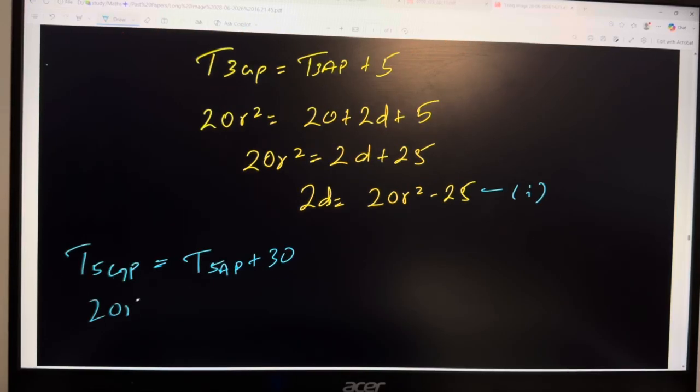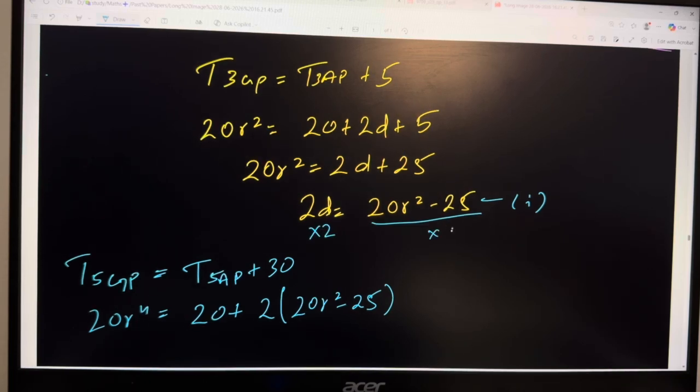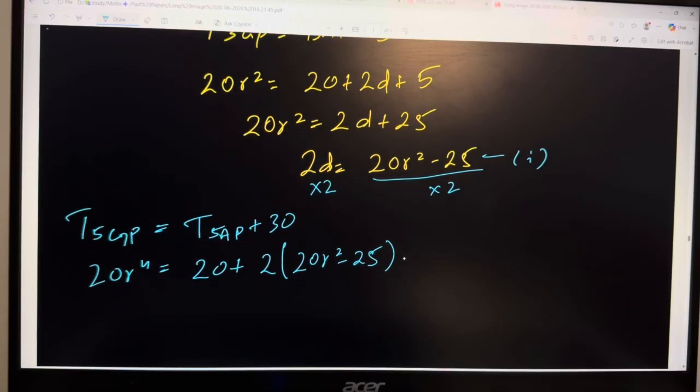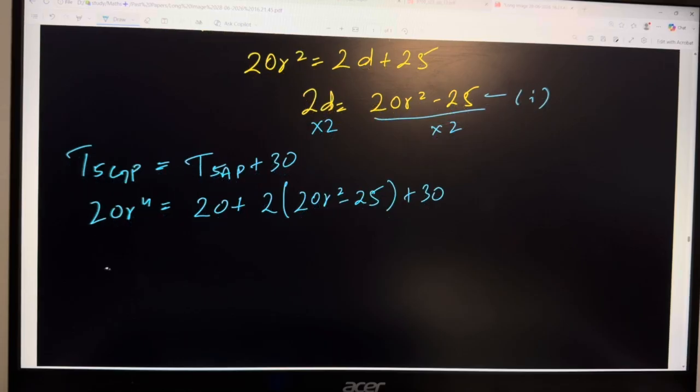So 20r to the 4 is equal to 20 plus 2 times this equation, 20r squared minus 25. Because look here, it's 4d, right? So for this to be 4d, I have to multiply both sides by 2. So we're just going to do that, and plus 30. Now solve this.